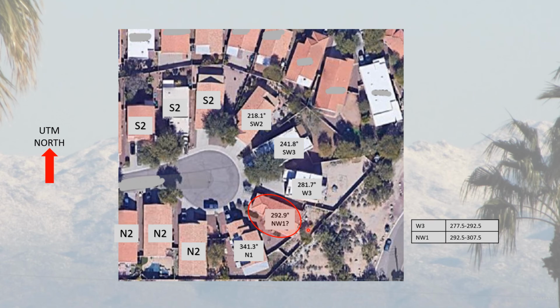And this is so close that it may not even have a definitive facing direction. And this is why this isn't good enough. In this case, I would have to look at the site plan.